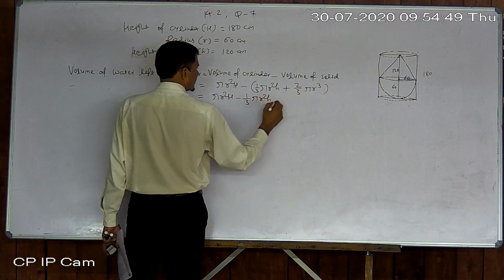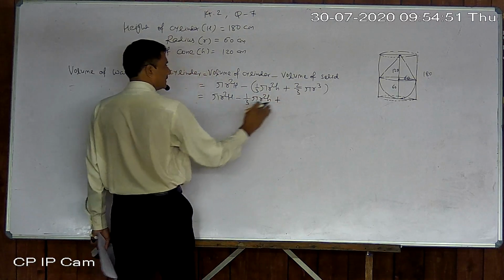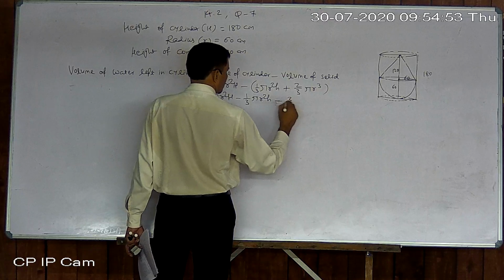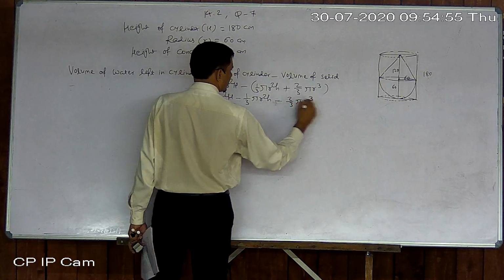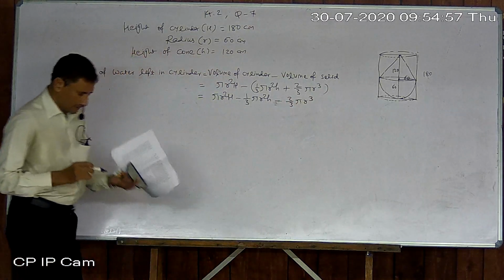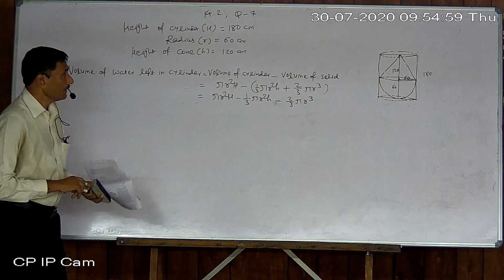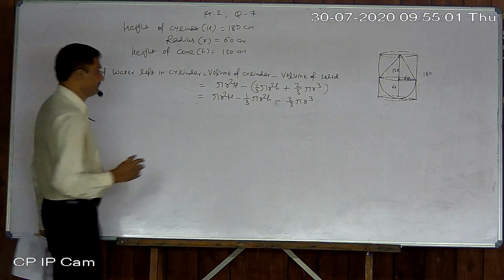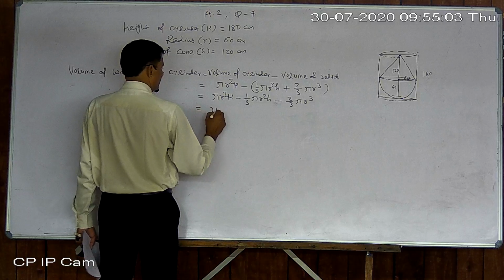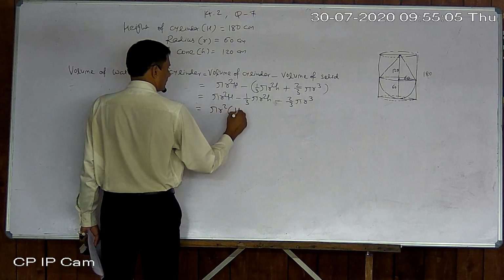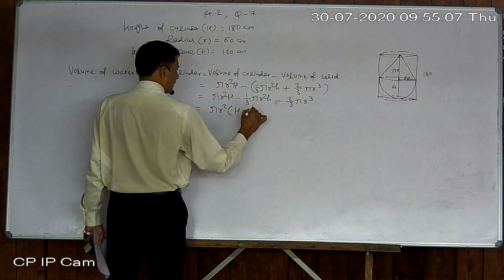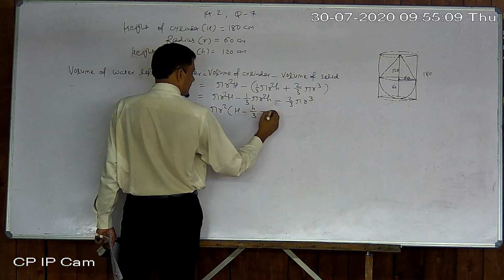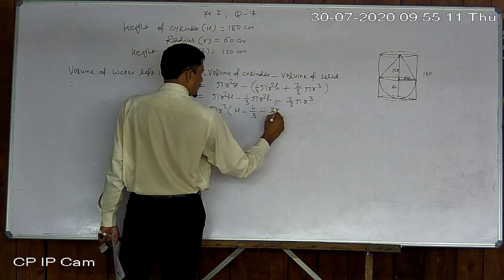Now I just open that bracket. Then take common if anything. Pi r squared is common everywhere. Pi r squared common, here H is left, here minus h by 3, and here 2r upon 3.